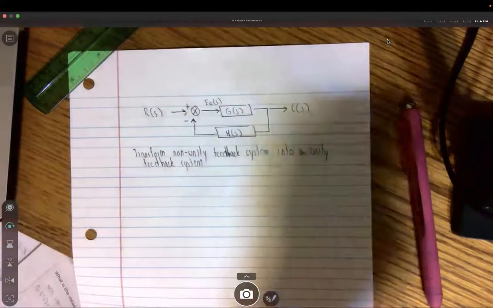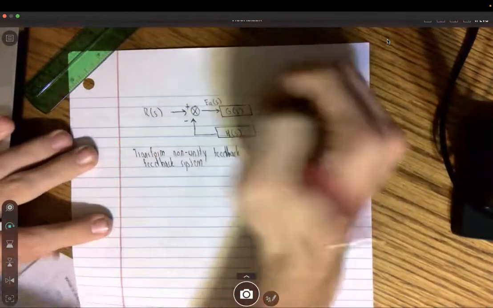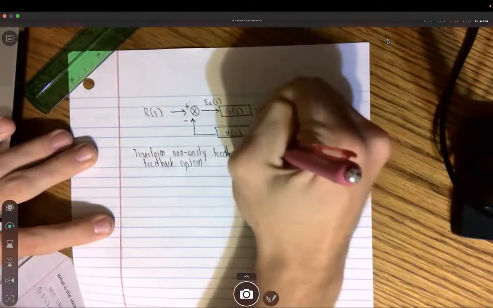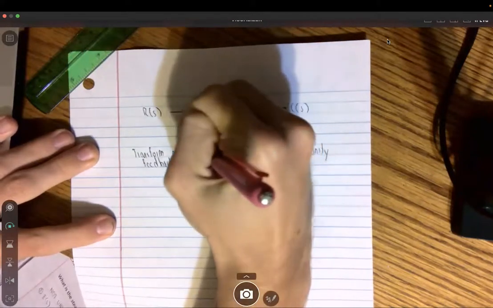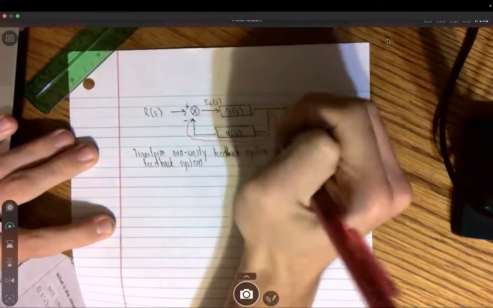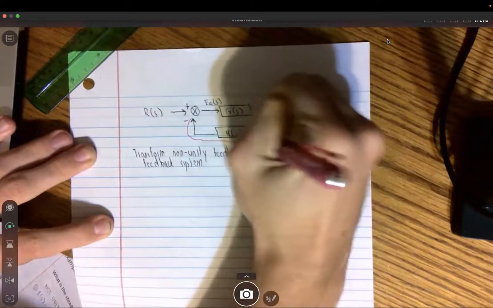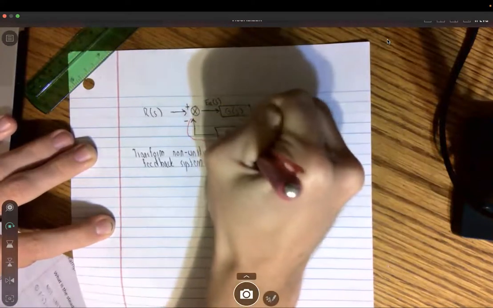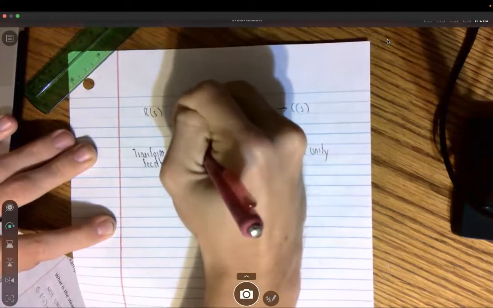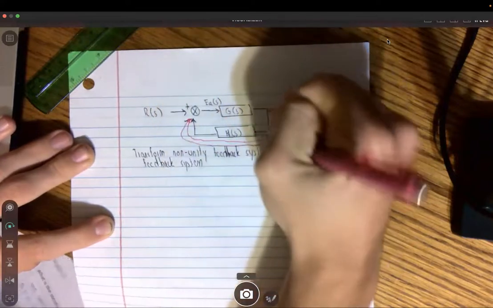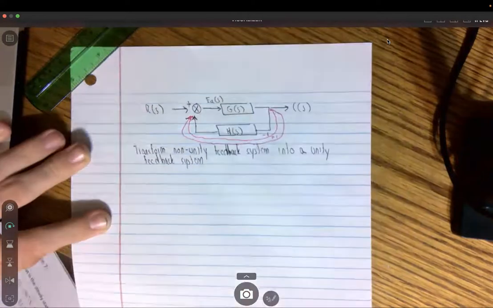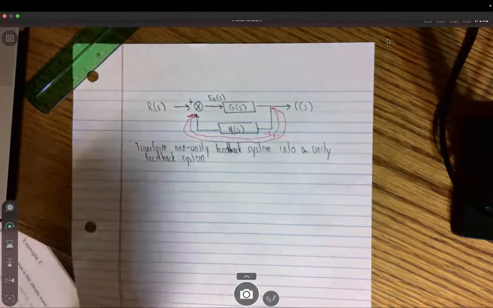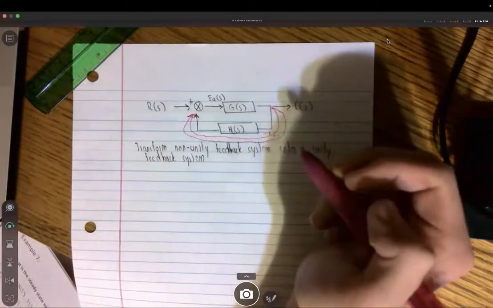So what we're going to do in here is put in a -1 gain and a +1 gain, because those should cancel each other out. They're in parallel, so they'll just add together. We have a -1, we have a +1 for the opposite one. These in parallel would just cancel each other out, correct?